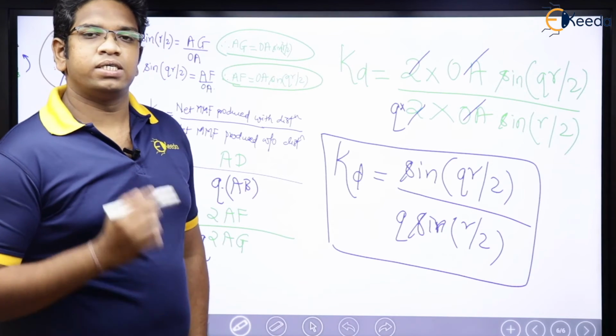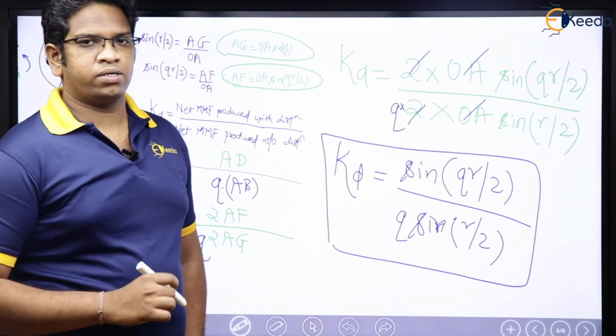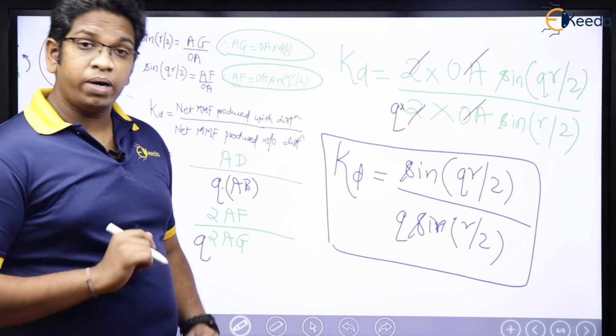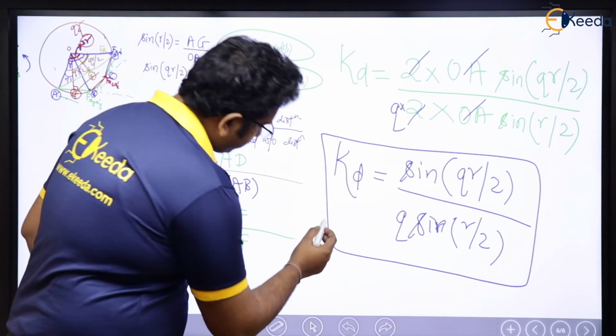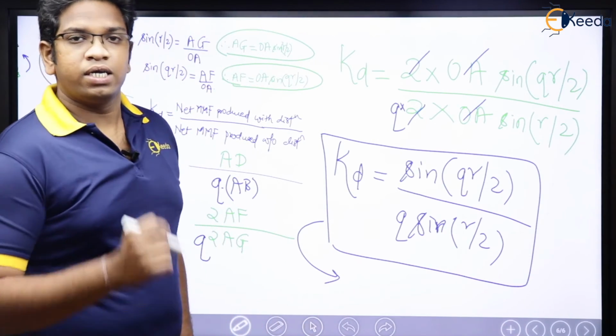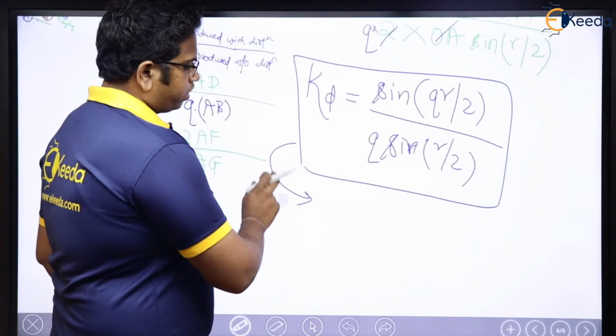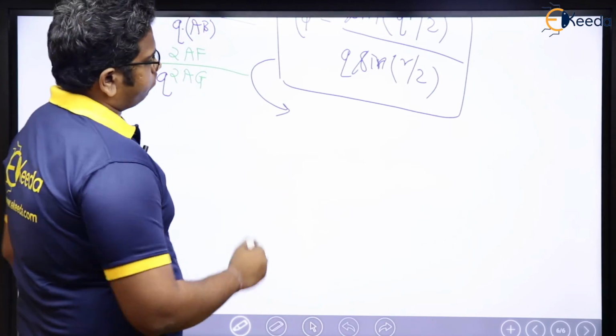Now, is it the same equation? Yes, 100%. It is the same equation as the previous one. But now the definition has changed. In case of motor, just change the definition.